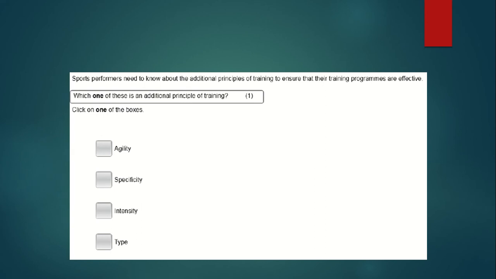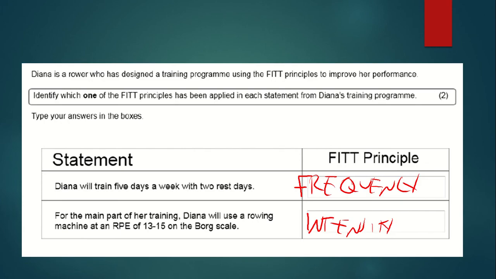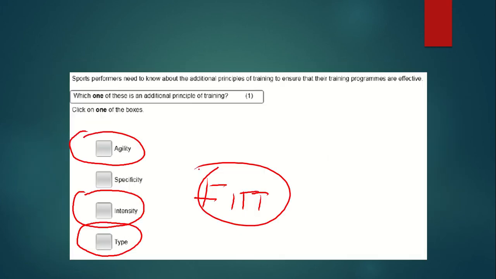We know agility is a component of fitness, at the top for changing direction and speed. Intensity and type are on the FIT principle, the I and the T. Usually they will always give you something from the FIT principle, which is why I showed you this question. There's quite often an overlap and they expect students to get that wrong.